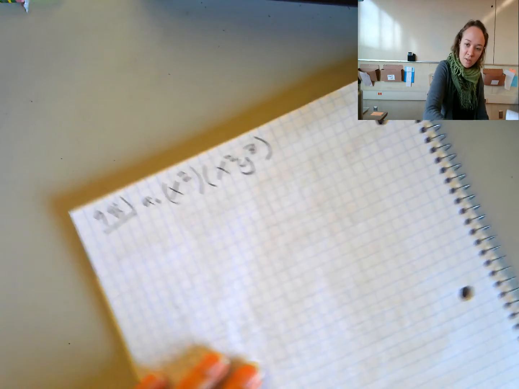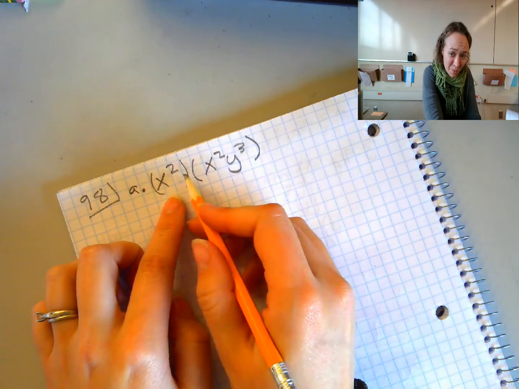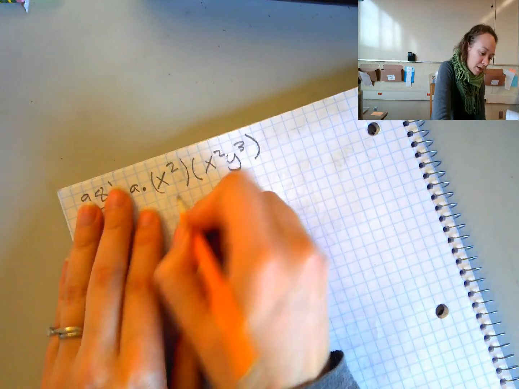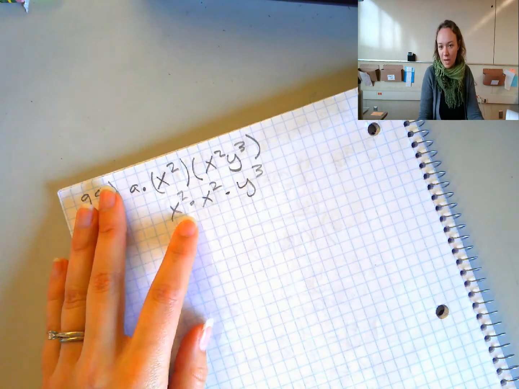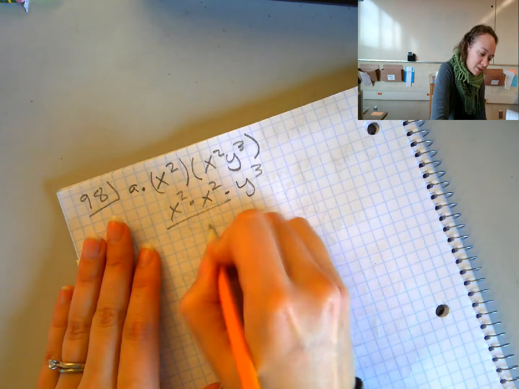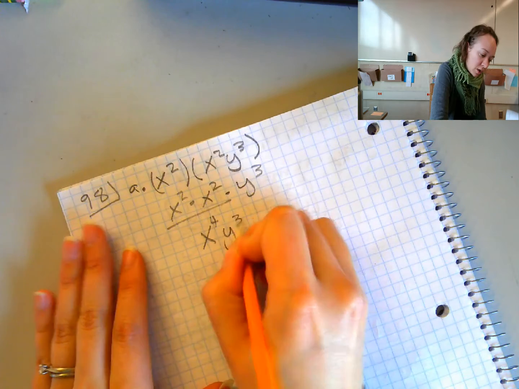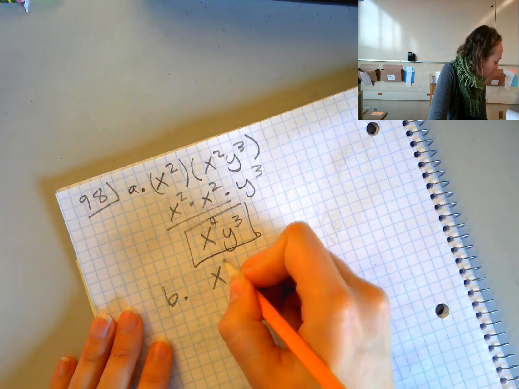For 98, for A, all those parentheses, they aren't really doing anything. They just mean that we're multiplying all this stuff together. So x squared times x squared times y to the third is another way to write what's right above. They are the same. So that means that these can combine to be x to the 4th, y to the 3rd. On B, this is the one that a lot of people missed.